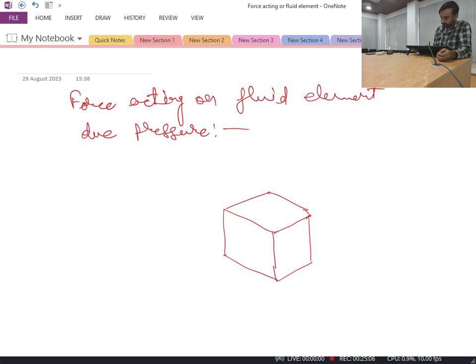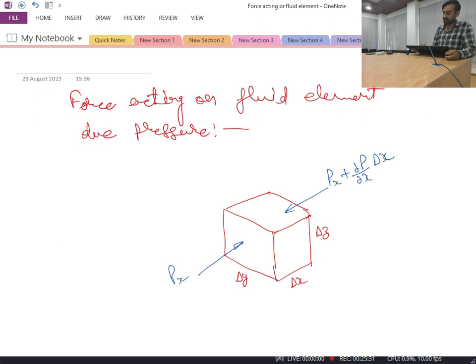Okay, and it has sizes delta x and delta y in the x and y directions and delta z in the z direction. Now let's consider that in the x direction we have px amount of pressure acting on this face, and on the opposite face we have px plus del p by del x into delta x pressure acting.